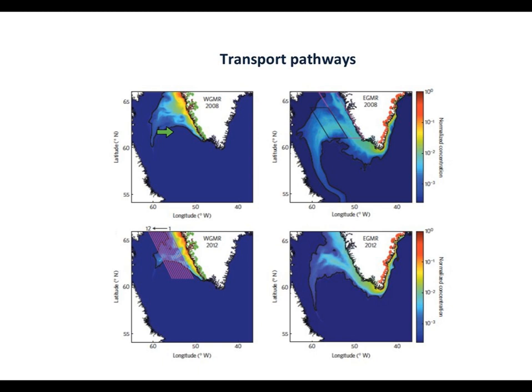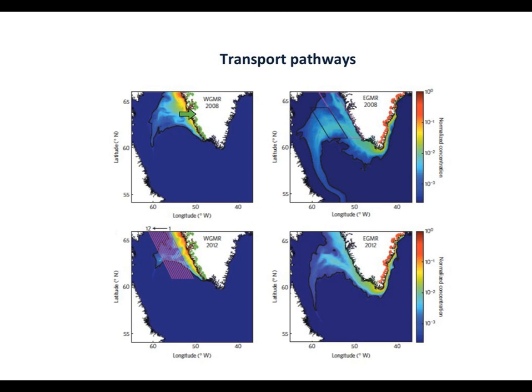In 2012, there was the largest discharge of meltwater from West Greenland in the period considered. And in 2008, there was one of the minimum years for the West Greenland component. The East Greenland, as we mentioned before, is pretty much similar across the period.